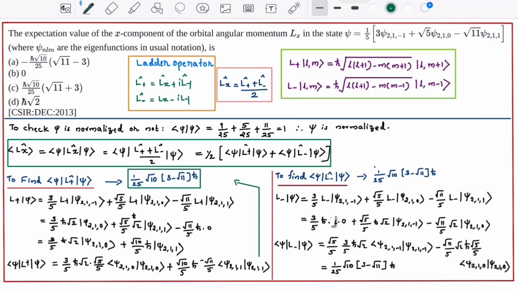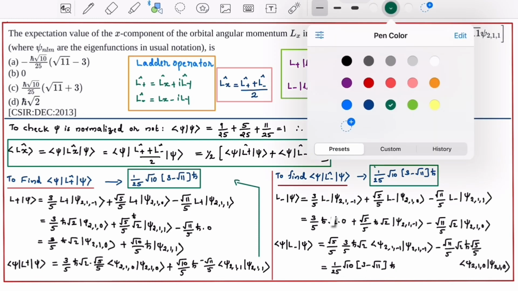Now let us find out what is the expectation value of Lx. That is the sum of psi L plus psi and psi L minus psi divided by 2.